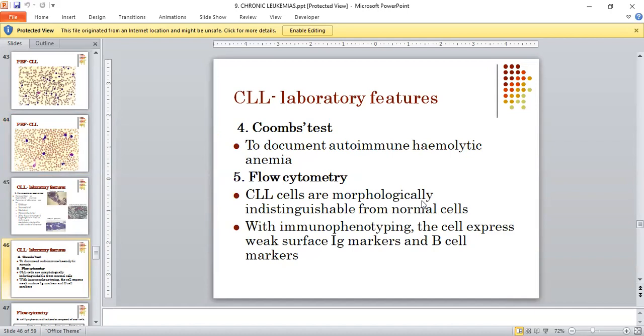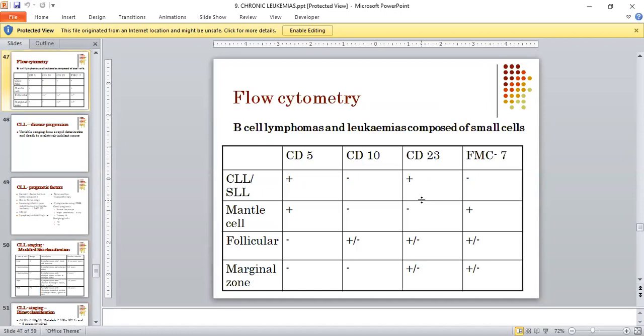For this one, you can do the Coombs test to document autoimmune hemolytic anemia, and flow cytometry, where now the CLL cells are morphologically indistinguishable from normal cells, but with immunophenotyping, the cells express weak surface immunoglobulin markers and B cell markers. So these are some of the markers that you will expect to see after you do your flow cytometry.